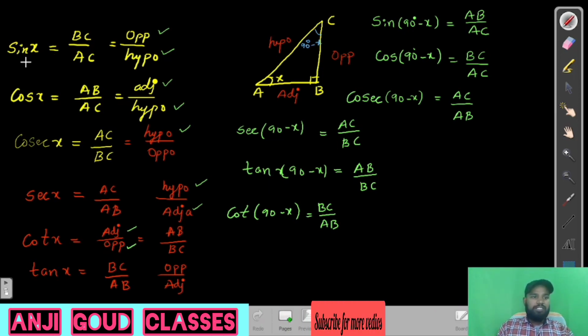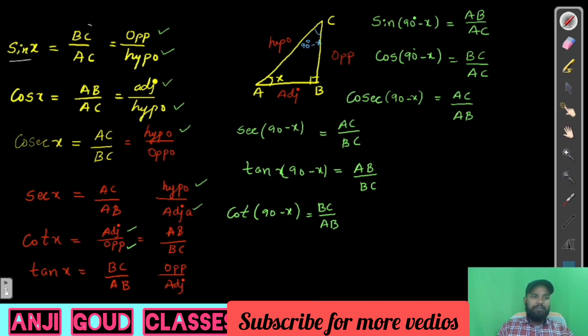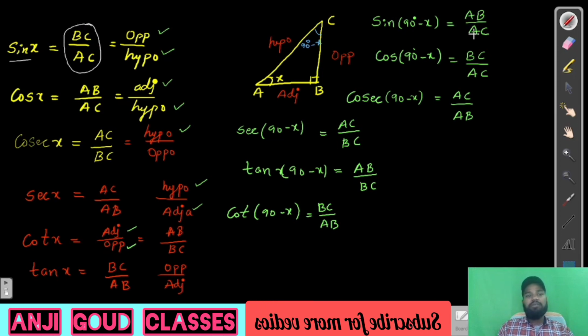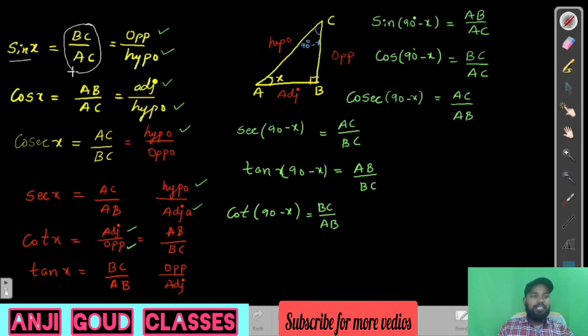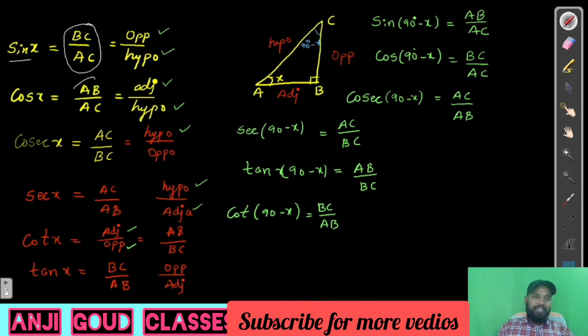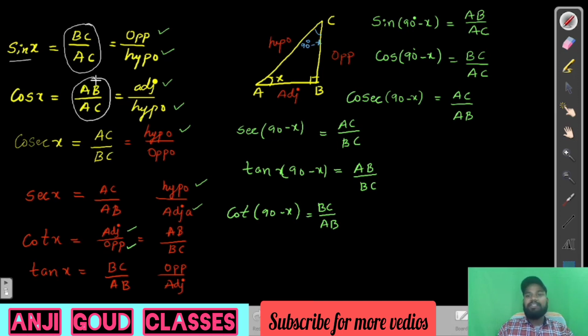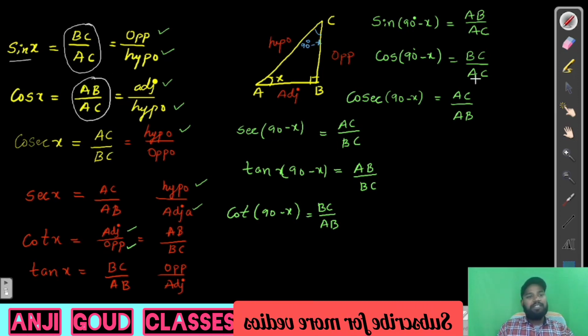See now, here sin x is BC by AC, and here sin of 90 minus x is AB by AC. Here cos x is AB by AC, and here cos of 90 minus x is BC by AC.